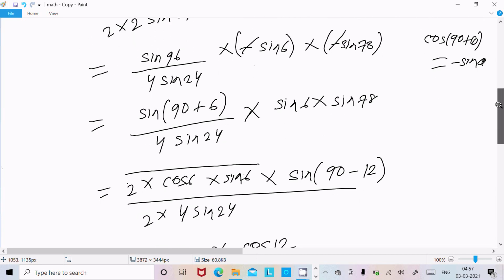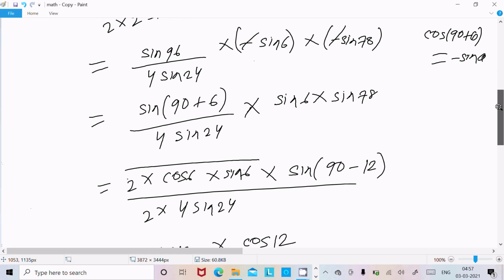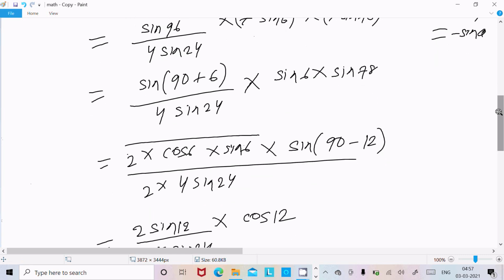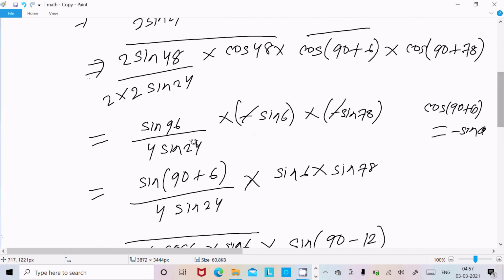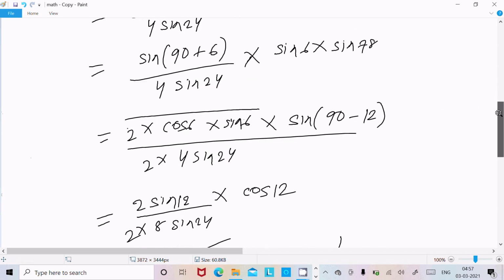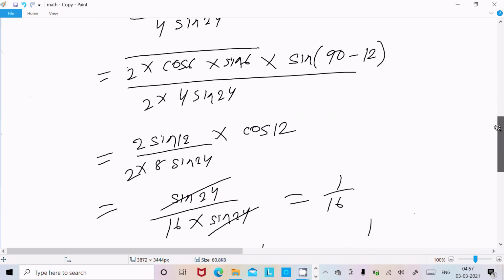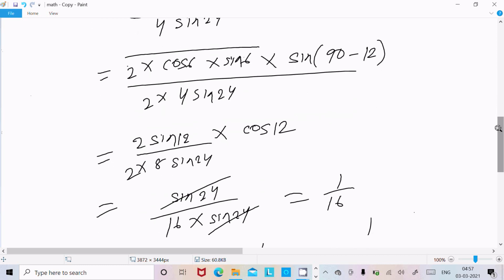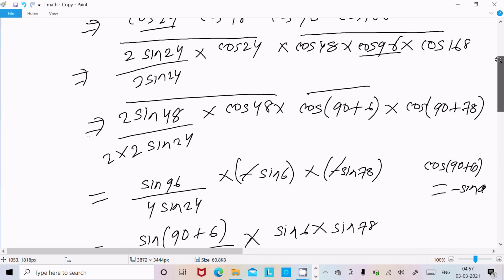So with sin, no sign change, and with cos the sign changes. Now we use sin(90 + x). After that break sin 78, and you get the 6, 12 form. After that use again 2 sin θ cos θ equals sin 2θ: 2 sin 6 cos 6 becomes sin 12. After that you again use the sin 2θ formula, and finally you get 1/16.